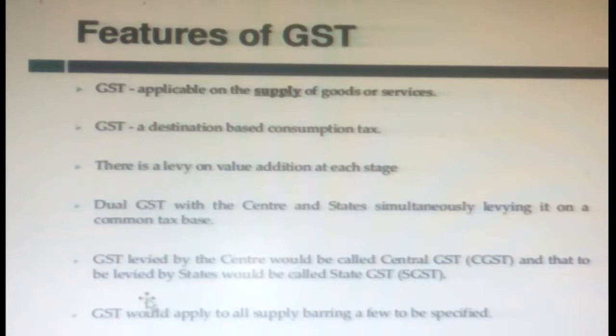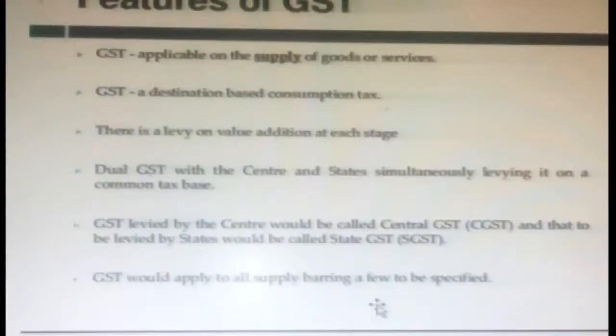GST levied by the center is called central GST, and similarly, GST levied by the state is called state GST. GST would apply to all supplies, barring a few to be specified. Those are the features of GST.